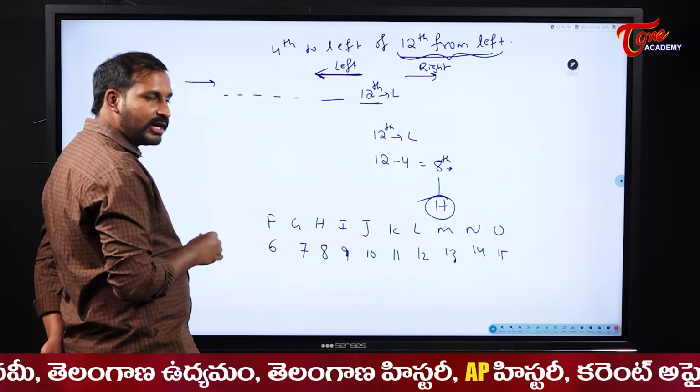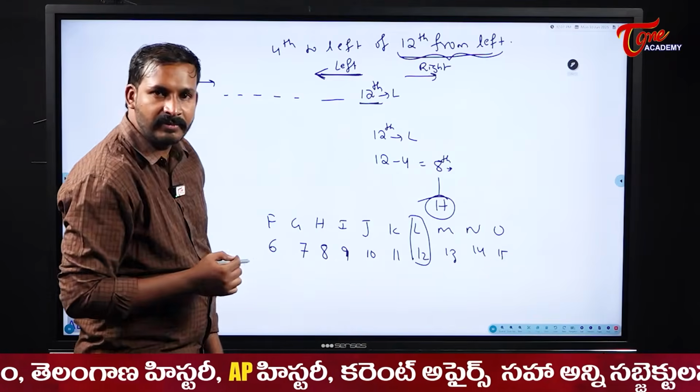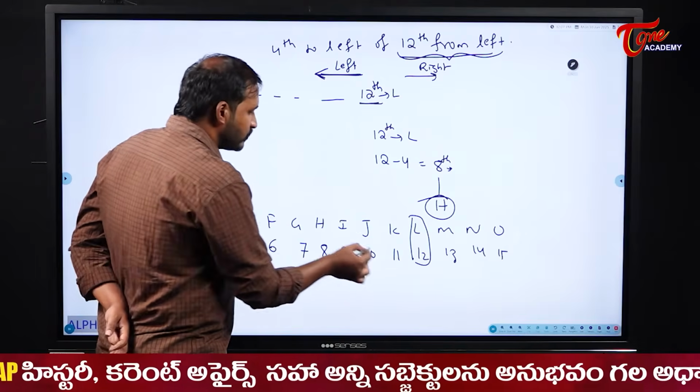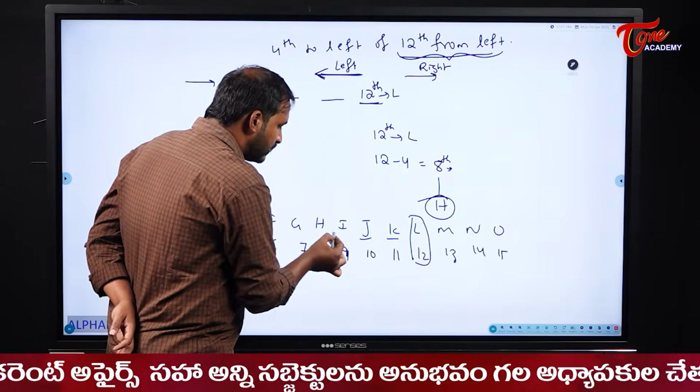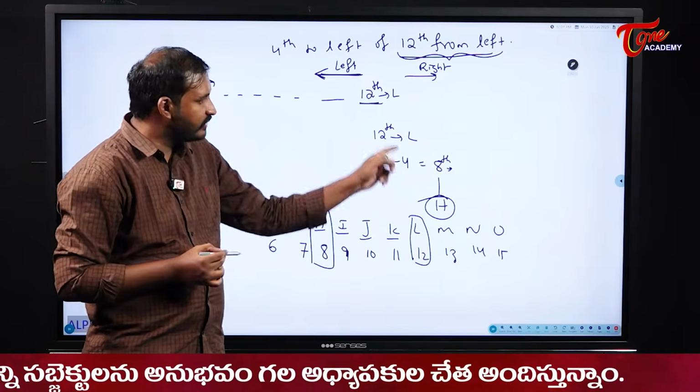Now, what is the 12th alphabet from left side? L, sir. Now, to its left I need to go 4 places. So, 1, 2, 3 and 4. What do I have here? H. The same thing we got here.